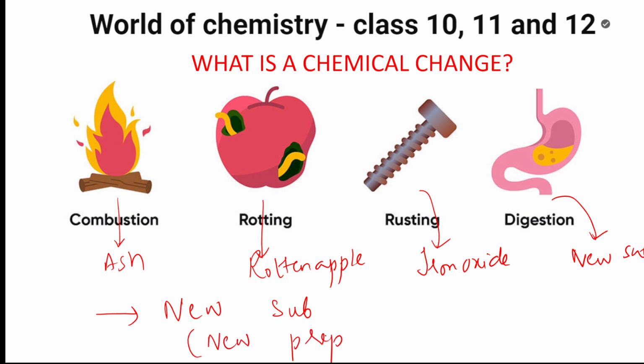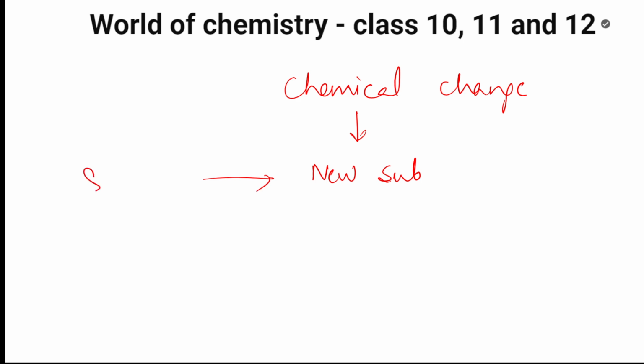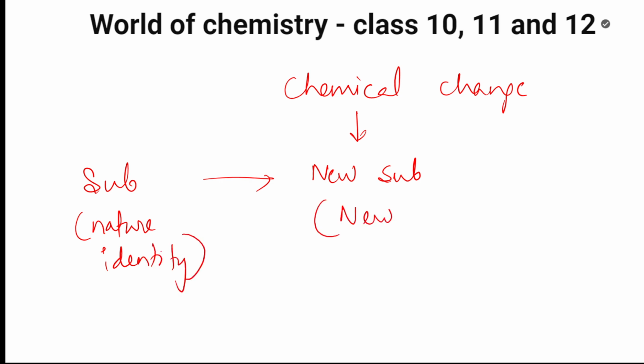The important thing to remember in a chemical reaction is that a new substance is formed from the substance which was reacting, and remember the nature and identity the old substance had: this completely new substance will have a new nature and a new identity.